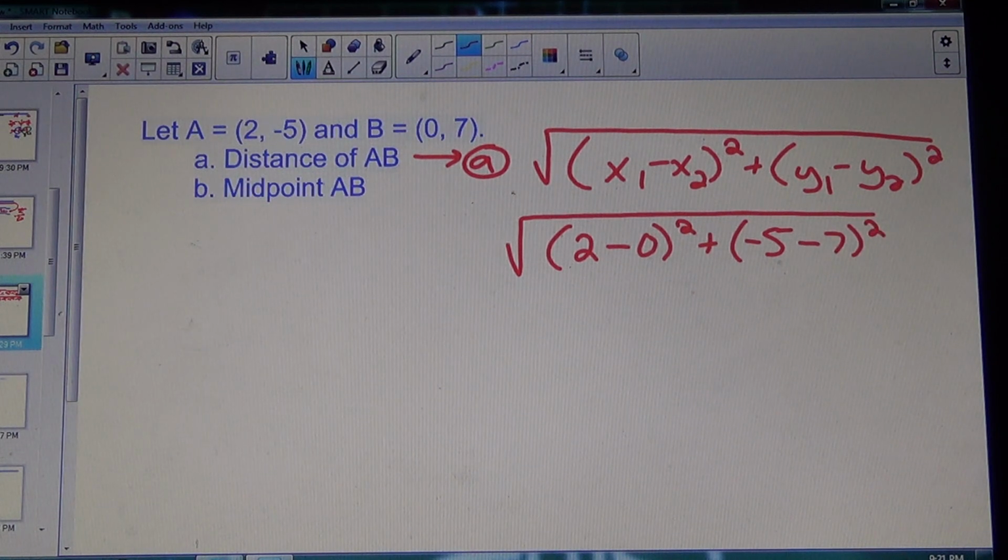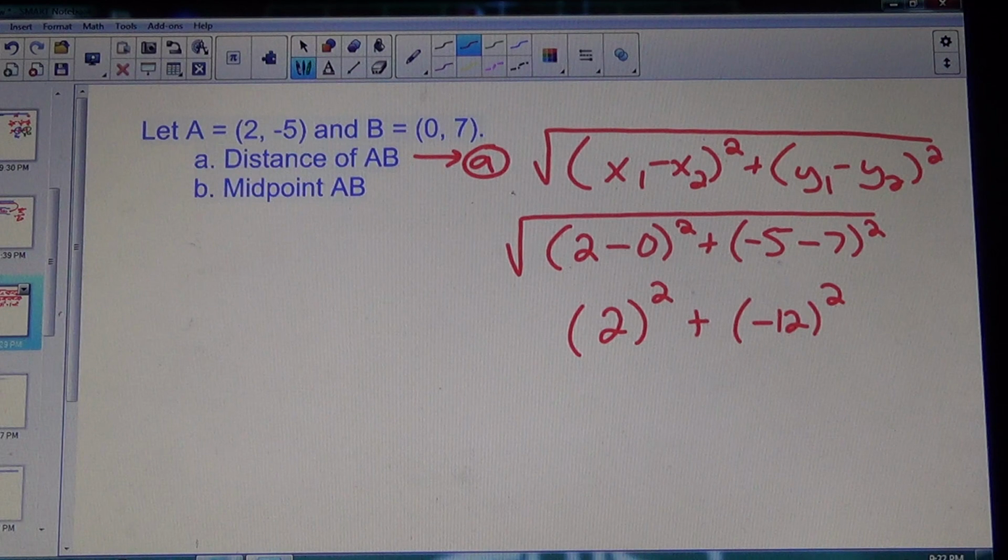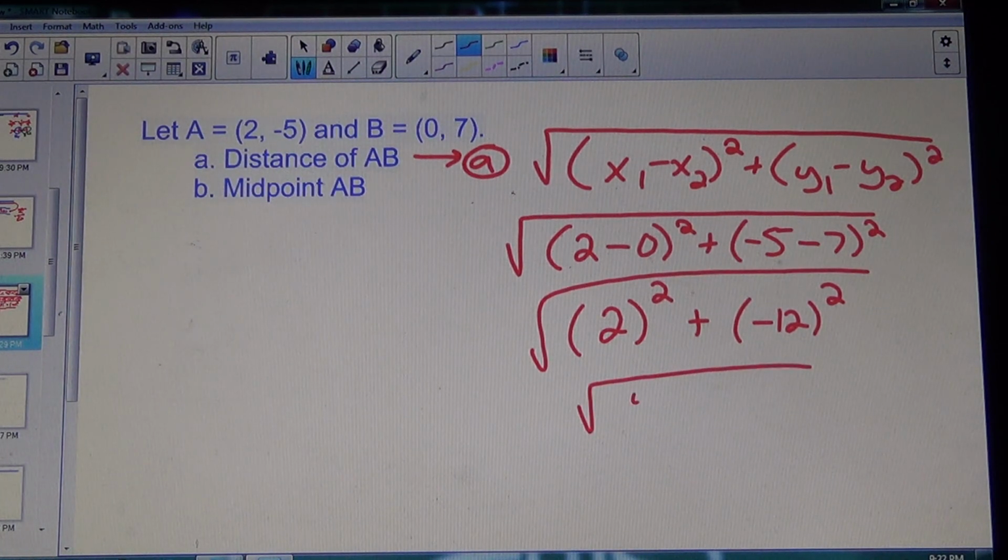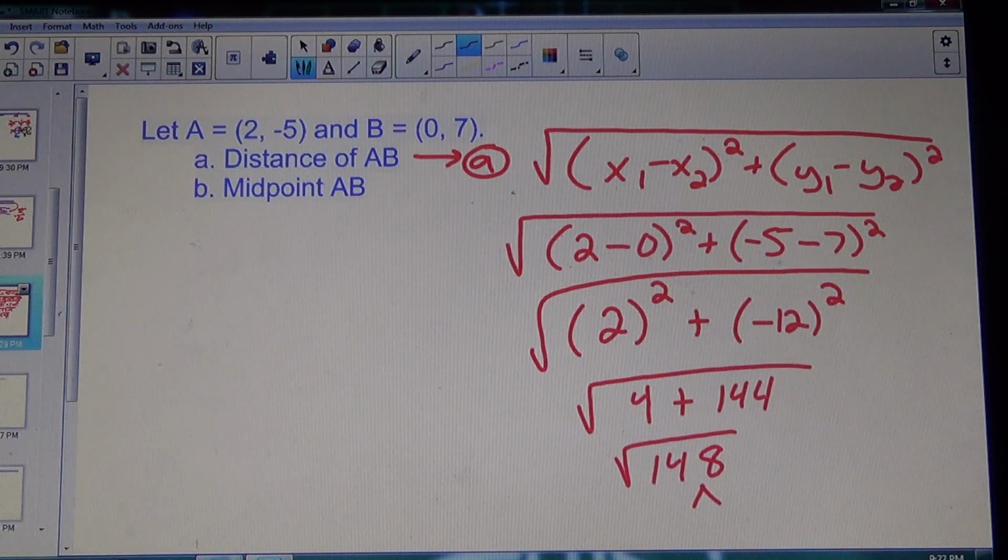So then in doing that I would have a 2 squared plus -12 squared. So then that actually would give me a 4 plus a 144, which gives me a 148. Then I have to ask myself, does that break into any perfect squares?